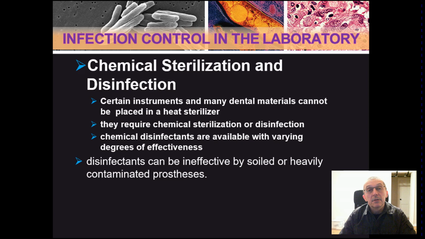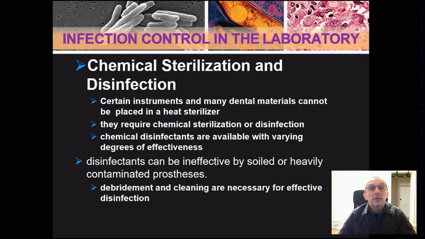These are called the bioburden that we talked about earlier, that heavy caked on material like the calculus on a partial denture, for instance. So debridement is necessary, and debridement is the removal of this heavy bioburden from that particular prosthesis or instrument.